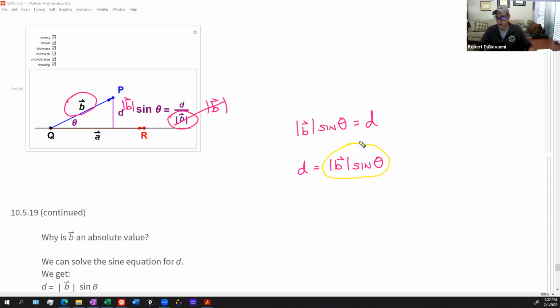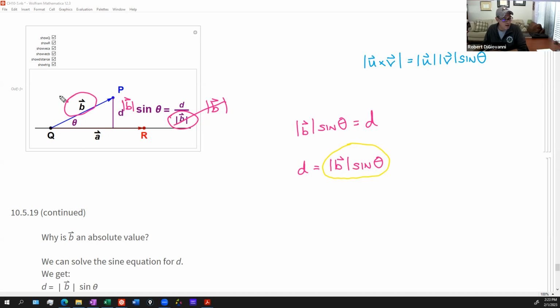We have a formula that says this: if you take two vectors, u and v, and you cross them and then take the magnitude, it's the magnitude of u times the magnitude of v times sine of the angle between the two vectors. This right side looks a lot like this, but it's missing something. It's missing, in front of this, the other vector.